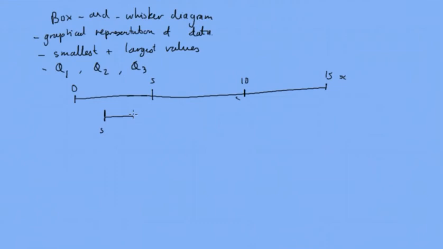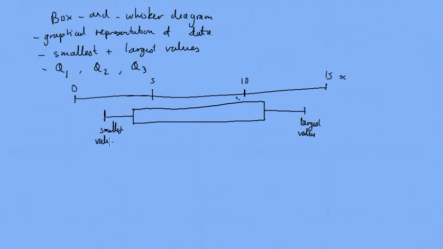I'll draw it just now, and then I'll explain. This will be your largest value, smallest value. This would all be on graph paper, so you'd have the little boxes marked out so you would know what each box represents.